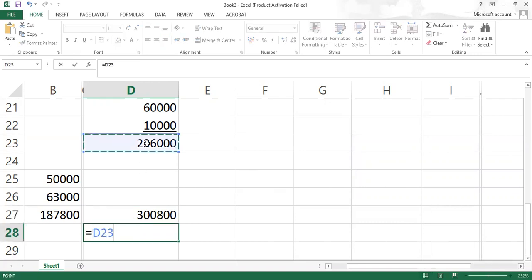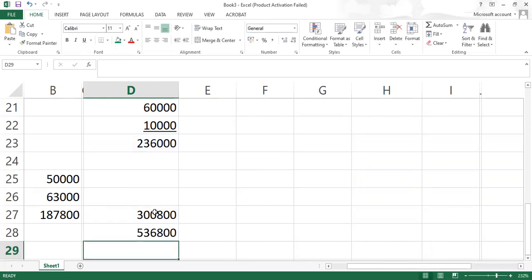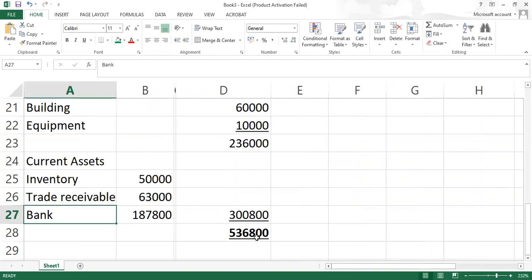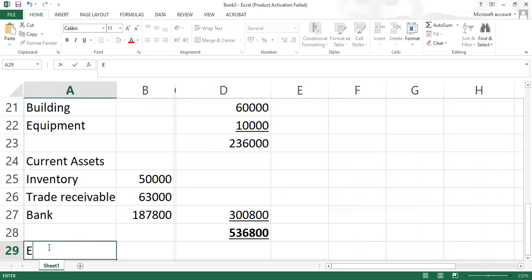So our total assets now will be this plus this. So let's come to equity and liabilities.